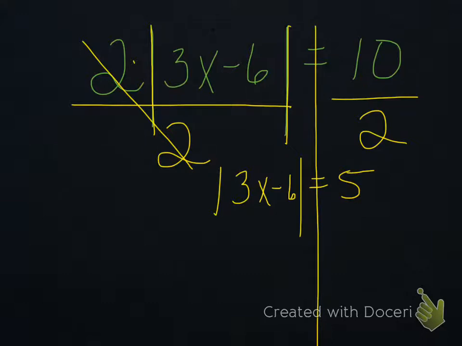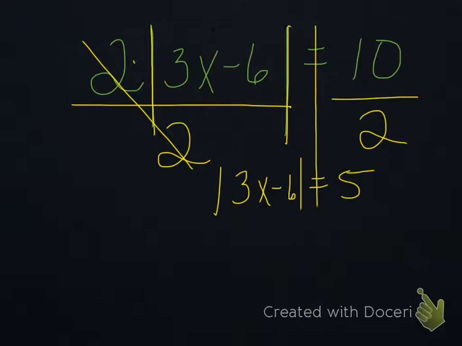Here's how you solve an absolute value equation when it looks like this. If you don't want to go guessing numbers that could be the value of x and then timesing them by 3, minusing 6, and hoping you get 5 or negative 5, there is an easier way, I think. It's to break up the problem, the absolute value of 3x minus 6 equals 5, into 2 different equations.